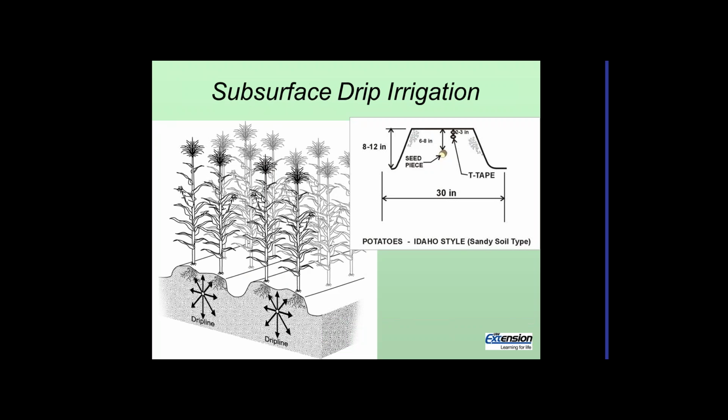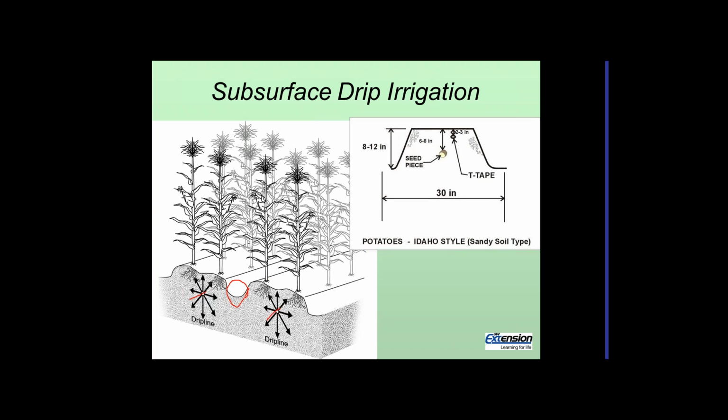Now, an adaptation of that is to bury that drip line in the ground, and this is called subsurface drip line. So here's an example. On the left here, we've got drip lines. They're permanently put in the ground. We'd plant our corn rows so that they'd straddle this. So we'd have a drip line here, and we have a dry location between drip lines.